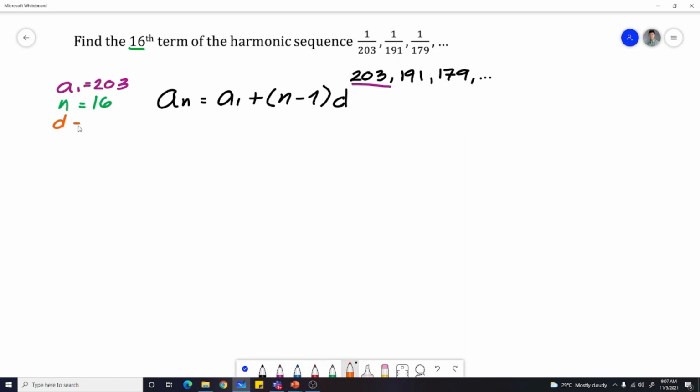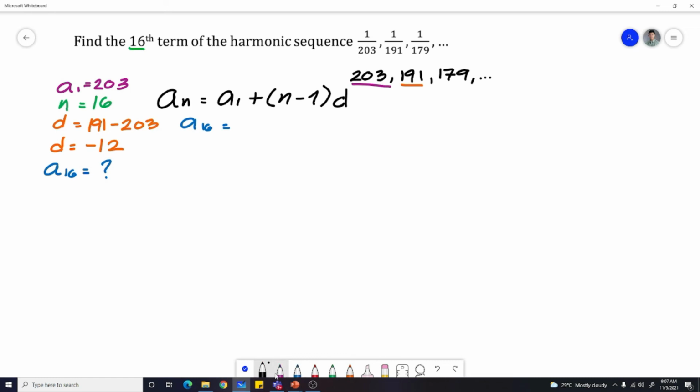Next, let's identify our common difference. It is our second term, 191, minus our first term, 203. So we subtract, and our common difference is equal to negative 12. We're looking for the 16th term, so a sub 16 is missing.